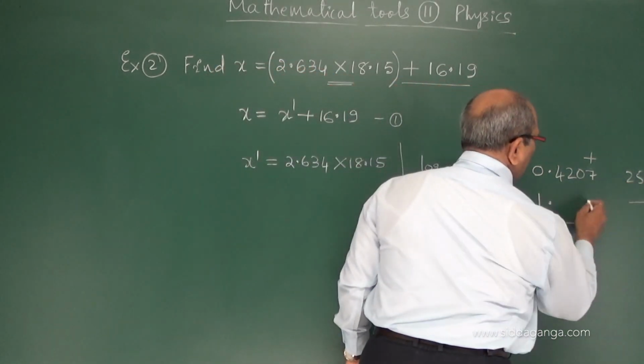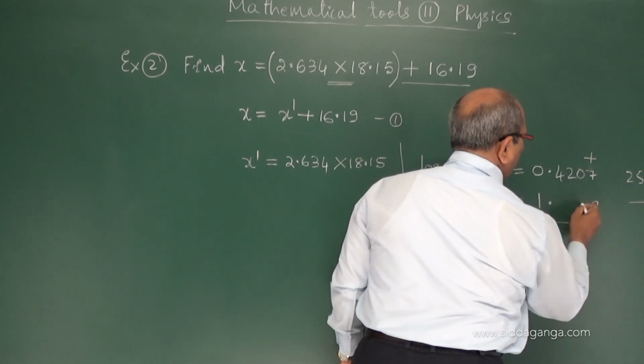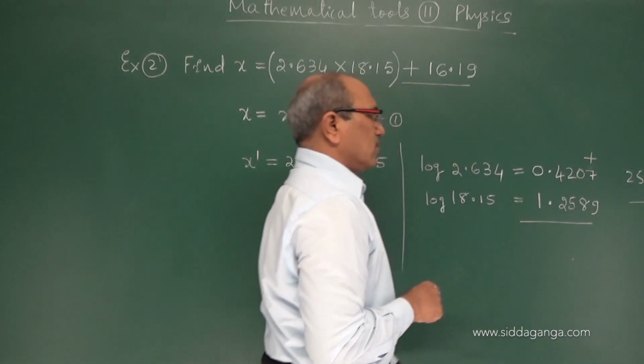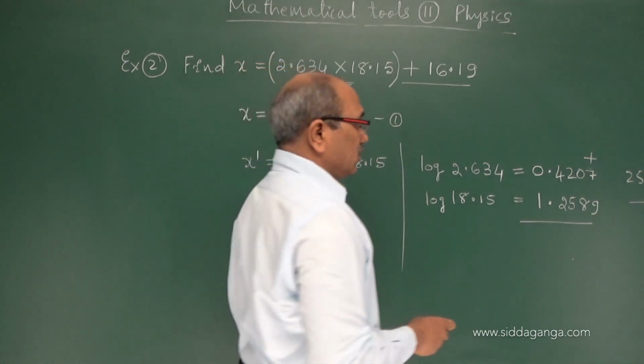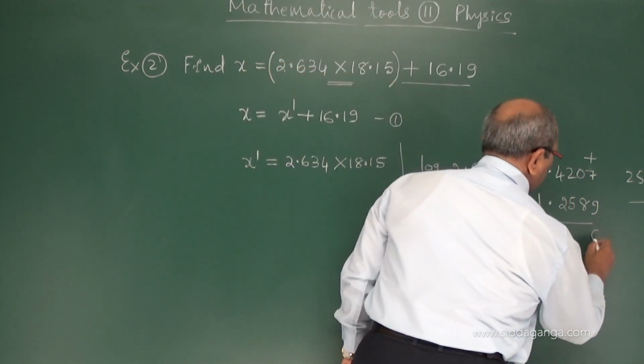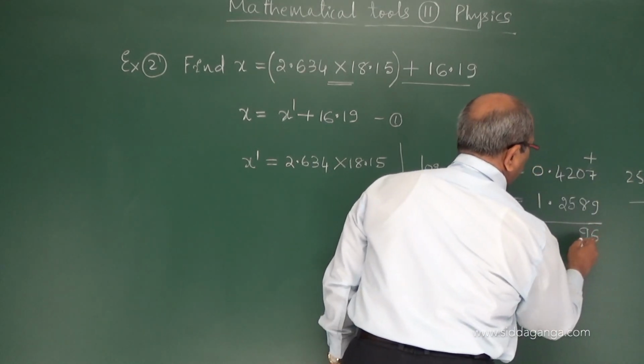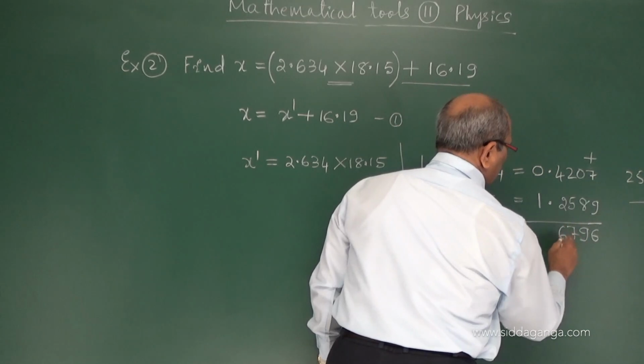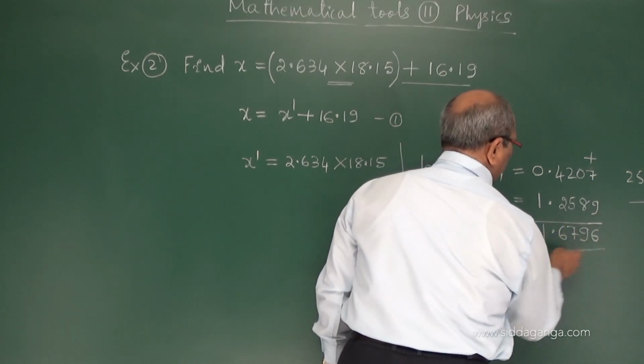Adding 2577 and 12, the mean difference value, you get 2589. Now add the two logs: 7 and 9 is 16, 8 and 1 is 9, 5 and 2 is 7, 4 and 2 is 6, and 1 point.